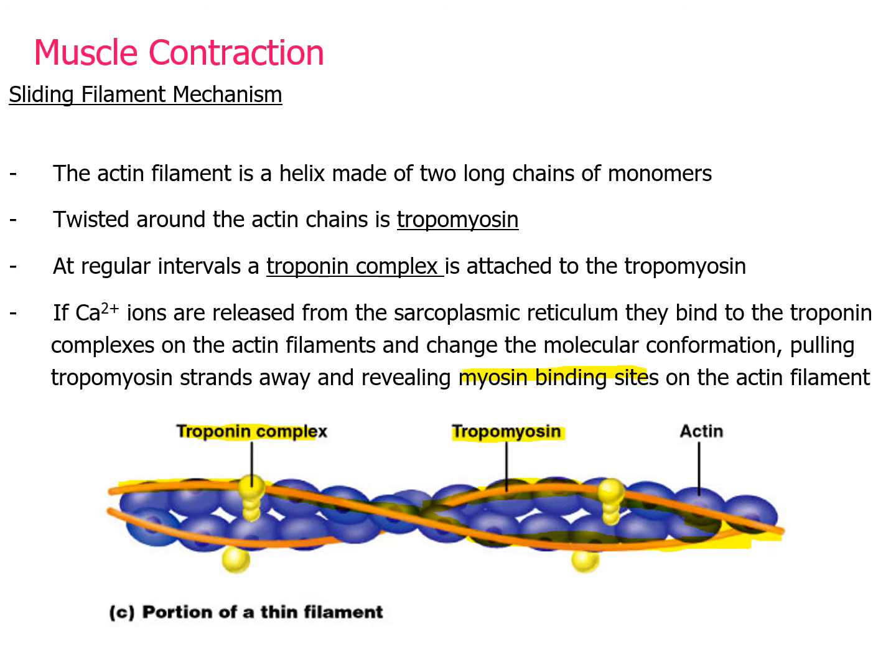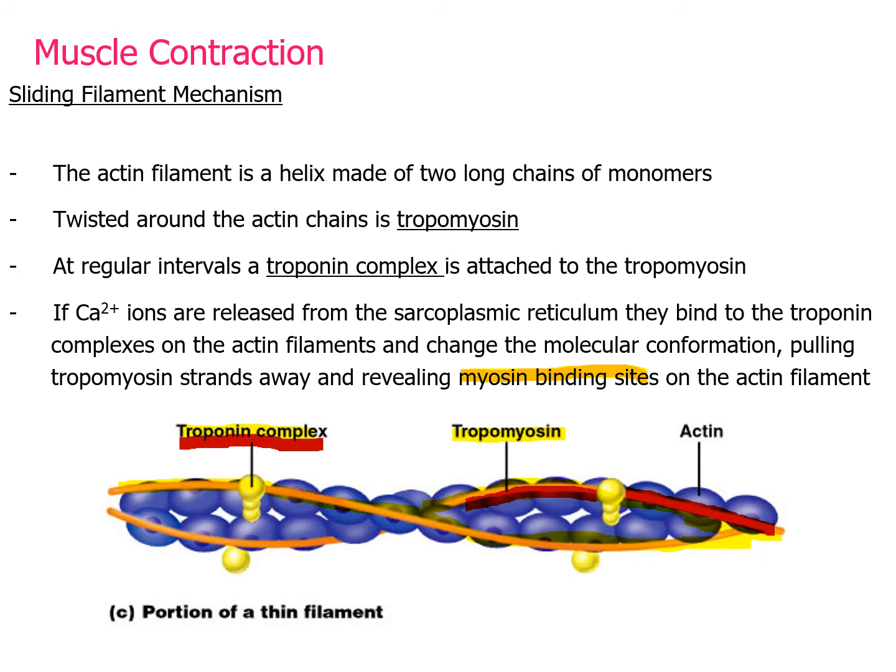Okay, and what happens is that when an action potential arrives and depolarizes the skeletal muscle fiber and calcium gets released from the sarcoplasmic reticulum, the calcium will bind to the troponin complex, and that causes the tropomyosin to change in shape and pull away and reveal the myosin binding sites that the tropomyosin covers.